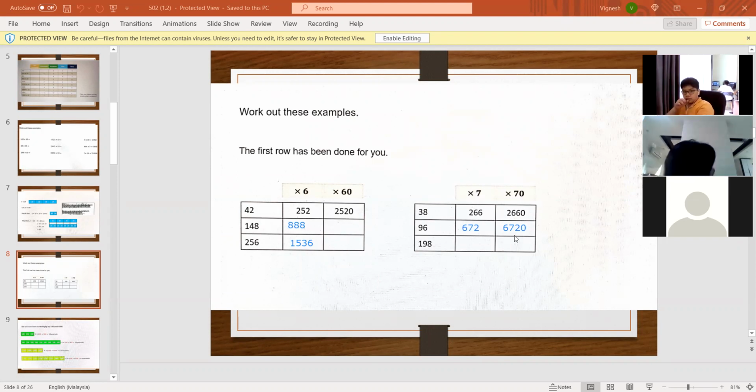Okay, the last one, Chia Yangi. Faster, Chia Yangi. 198 multiplied by 7. 1,386.